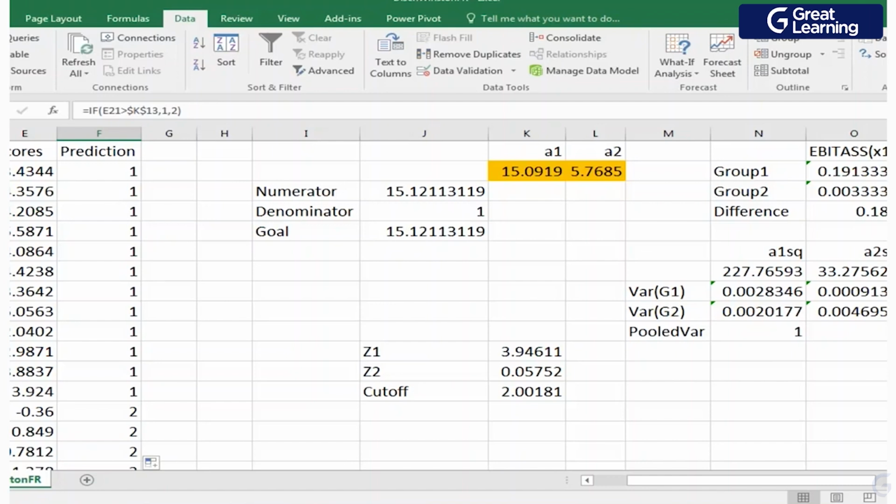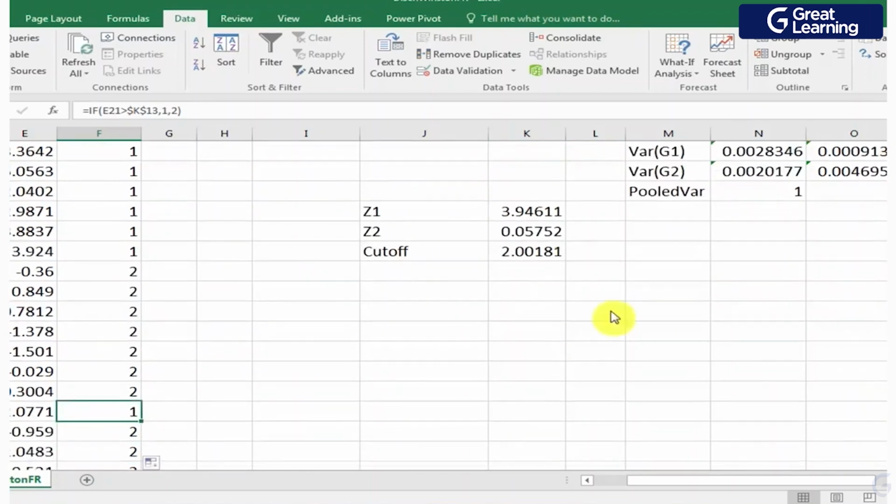Now, what is the efficacy of the model for 24 records? So, let us now prepare here a confusion matrix.